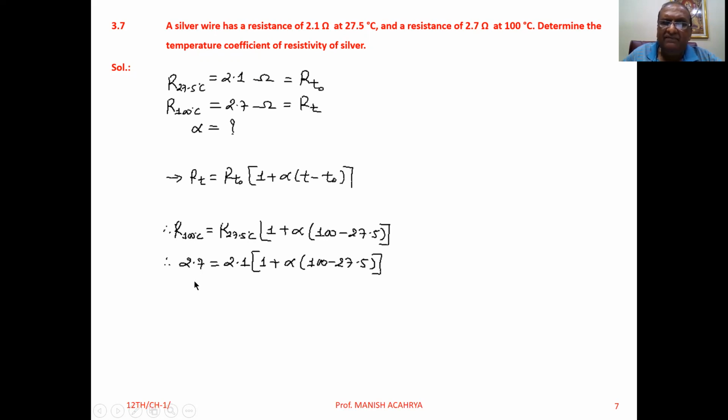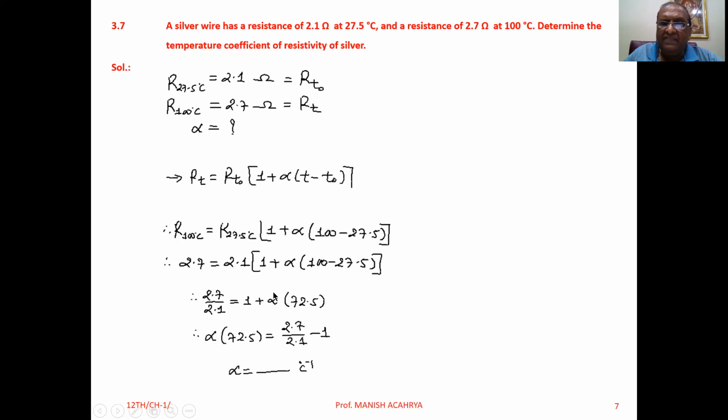So R at 100, that is 2.7, R at 27.5, that is 2.1, into 1 plus alpha into 100 minus 27.5. Now, take this 2.1 on the left hand side, then 2.7 upon 2.1 is equal to 1 plus alpha into this difference, which is 72.5.